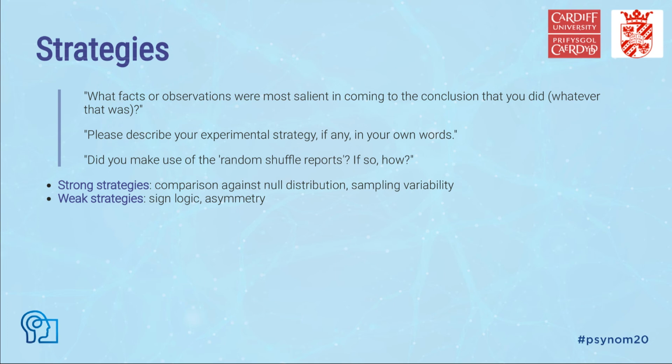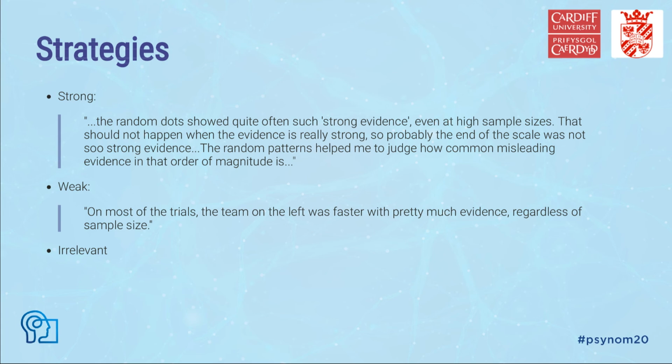We coded the responses as either reflecting strong significance testing strategies, where the results were compared to null distributions or some notion of sampling variability, or weak strategies, such as using the sign of the effect or asymmetry. These strategies are weak because they throw away information, but they may be heuristically easier.